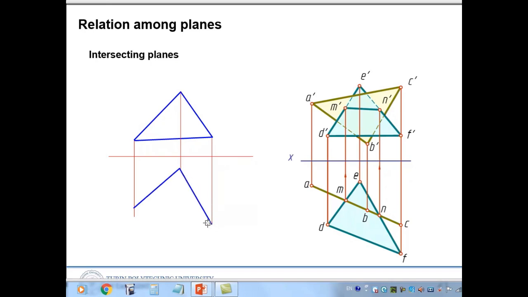This is the first plane, given with a blue triangle, and the green one.